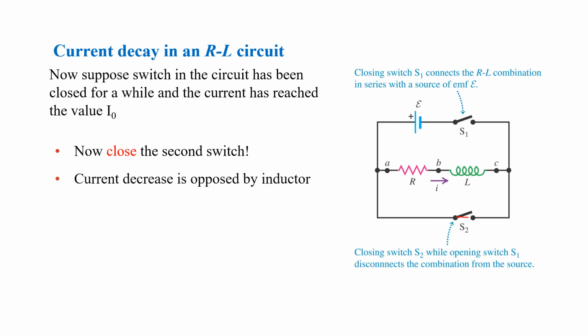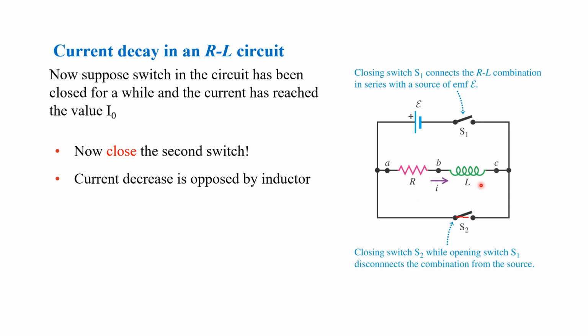Now this time, the current decrease is opposed by your inductor. Remember that initially you have your current I naught in your circuit, and once you open S1 and close S2, your current will decrease. However, this current decrease is opposed by your inductor.